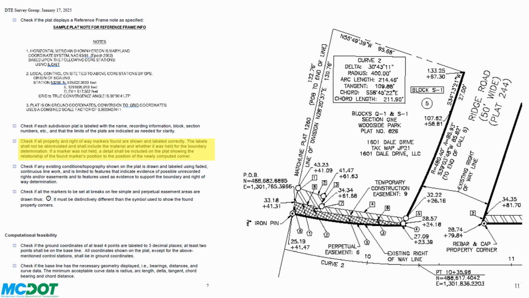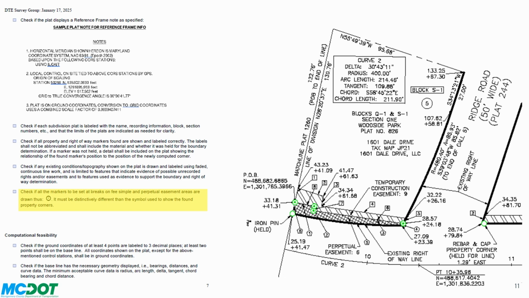All existing property and right-of-way markers are to be shown correctly. They must show the size and material of the marker, whether they were held, or show their bearing and distance to the computed corner. All breaks on fee simple and perpetual easements must have markers set and shown on the plat with the prescribed symbol from the engineering certificate.